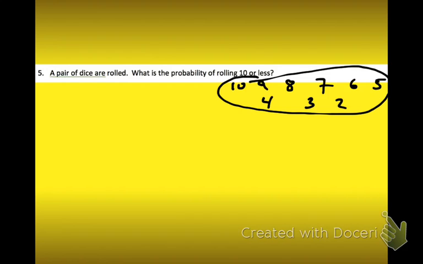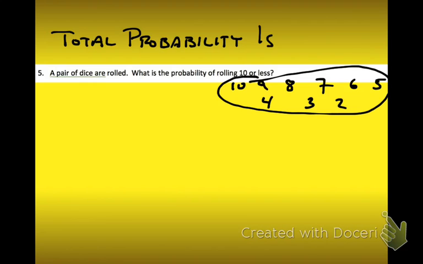One thing that you should make a note of in your margin somewhere is that the total probability is out of one whole. So if you're looking at all of the events and you're saying this is going to happen, that's going to be a probability of 1.